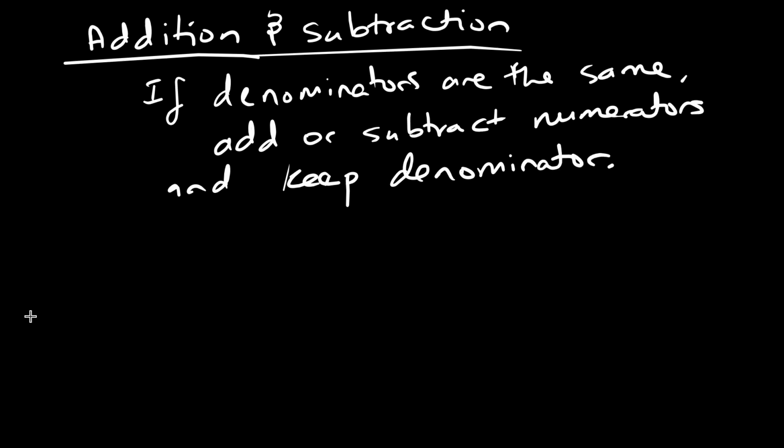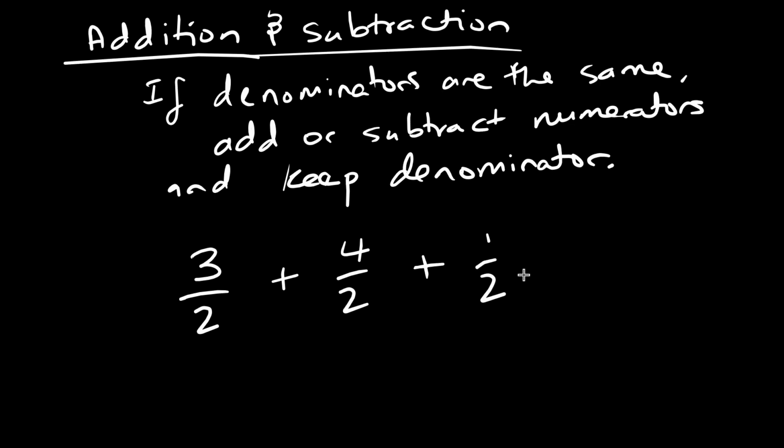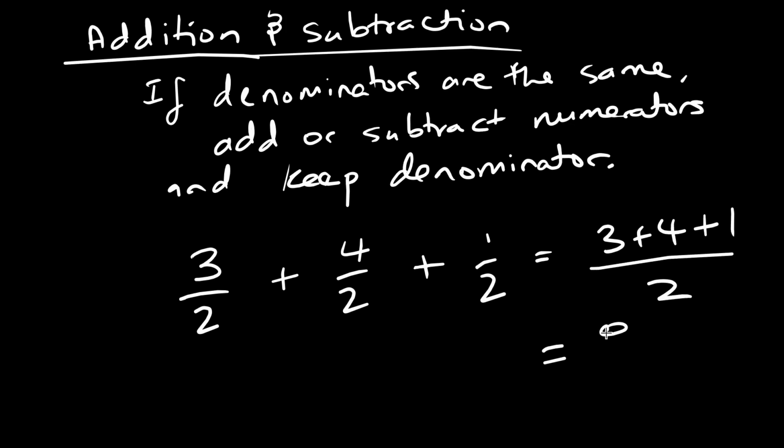And this is a whole lot of writing to say, if I have 3 over 2 plus 4 over 2 plus 1 over 2, it's the same thing as 3 plus 4 plus 1 over 2, which is the same thing as 8 over 2 or 4, right? Once the denominators are the same, we can add or subtract. That's the important heavy lifting in this instance, right?